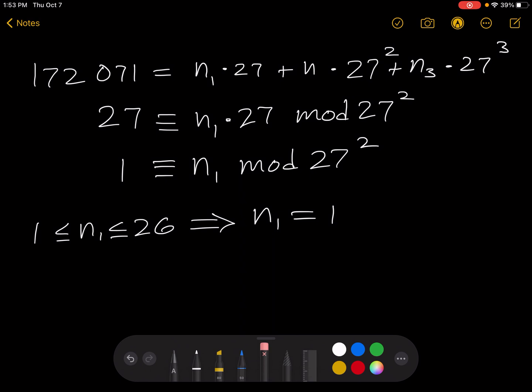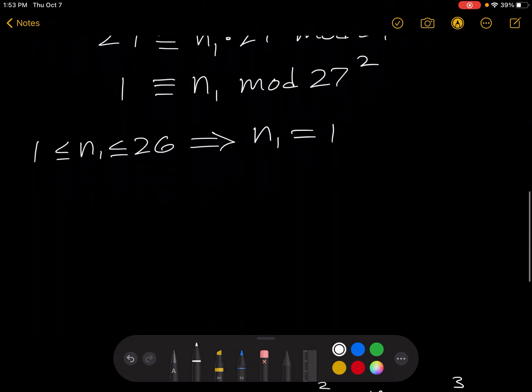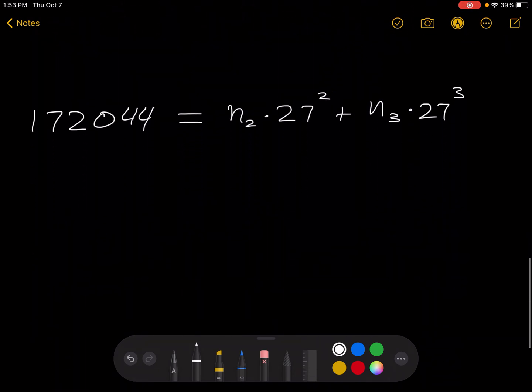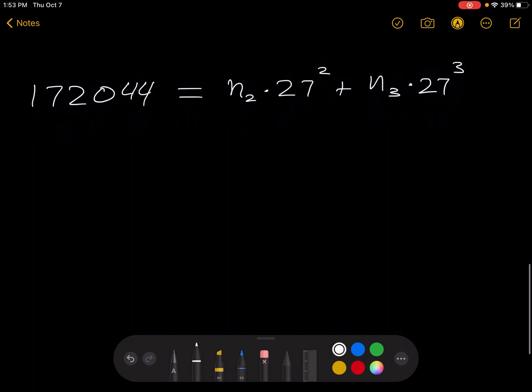All right, and so now we can put n1 equals 1 in there, and subtract 1 times 27, or 27, from both sides to get 172,044. And now we'll repeat the process. So now we want this to go away. So to make that go away and this not go away, we're going to look at this equation mod 27 cubed.